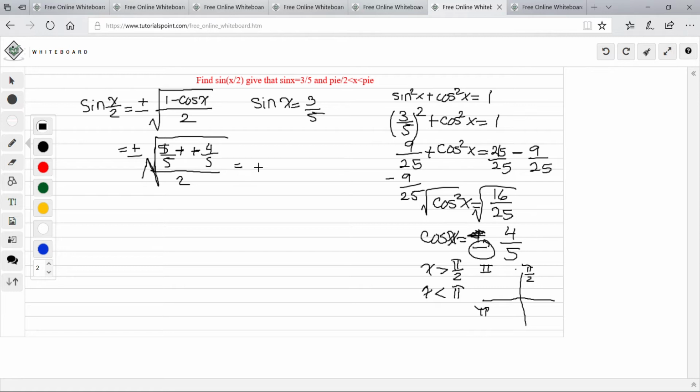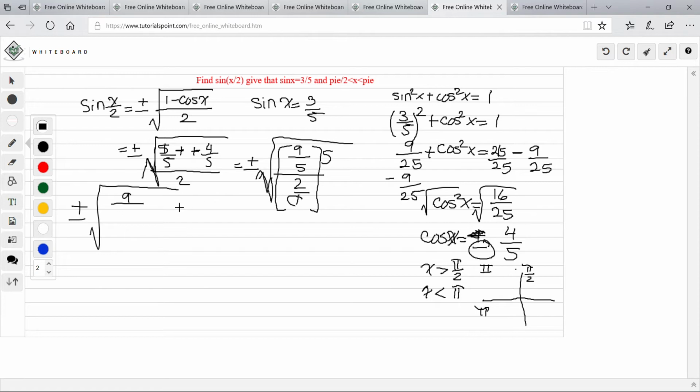So that's plus or minus 5 plus 4 is 9, 9 over 5 divided by 2. Put a 1 here. So you have a 1 and a 5. So your GCF is 5, we're going to multiply everything by 5. So that 5 cancels, you're left with a 9, and then 5 times 2 is 10. So over here we have plus or minus 9 over 10.